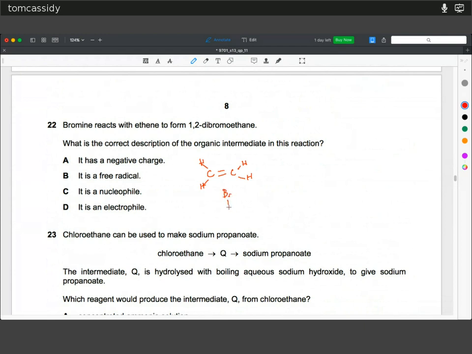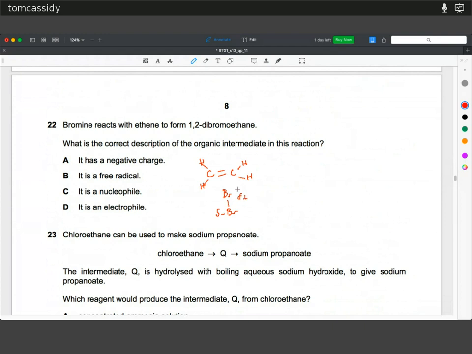What you need to know is that when the bromine molecule approaches the ethene, this high area of electron density is sufficient to momentarily polarize the bromine molecule. That's so negative in the middle there, so much electron density, that it forces this molecule to be slightly negative down there and slightly positive down there.